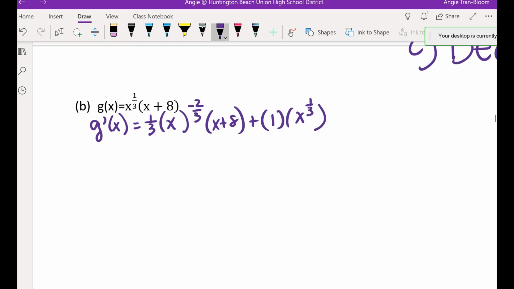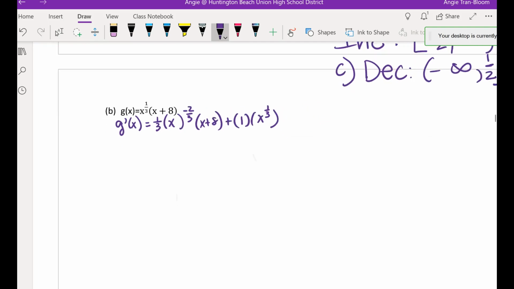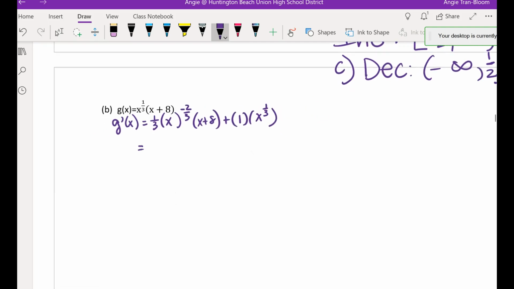Let's make it pretty. Okay. So this one, I have x plus 8 on the top. Is that okay? On the bottom, I have 3 cubed root of x squared. Yay, nay, maybe? Yeah. And this one, on the top, I would just have cubed root of x.